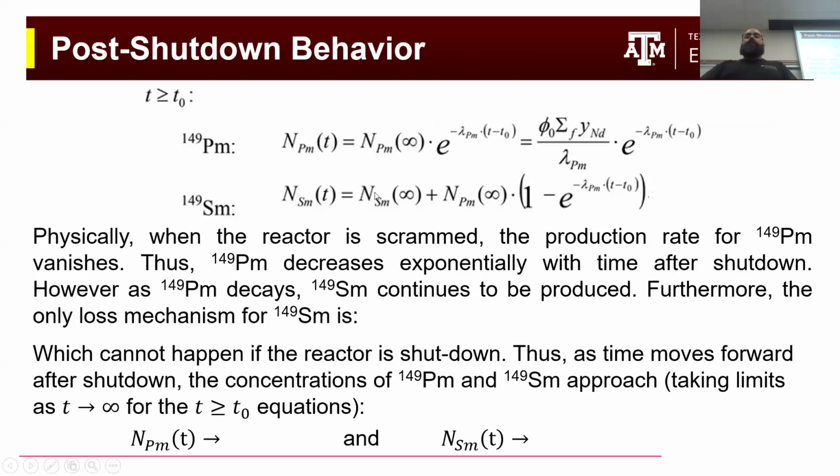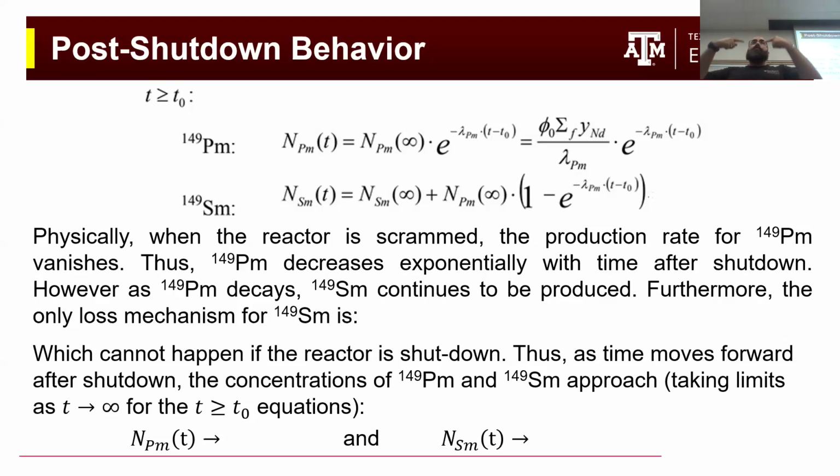Whereas samarium continues to be produced because all of the promethium that's there is eventually going to decay into samarium. So the samarium concentration will actually end up increasing because you've got some amount of samarium that was there at the beginning, and this initial amount of promethium that's going to continue to decay into samarium, and samarium is stable.